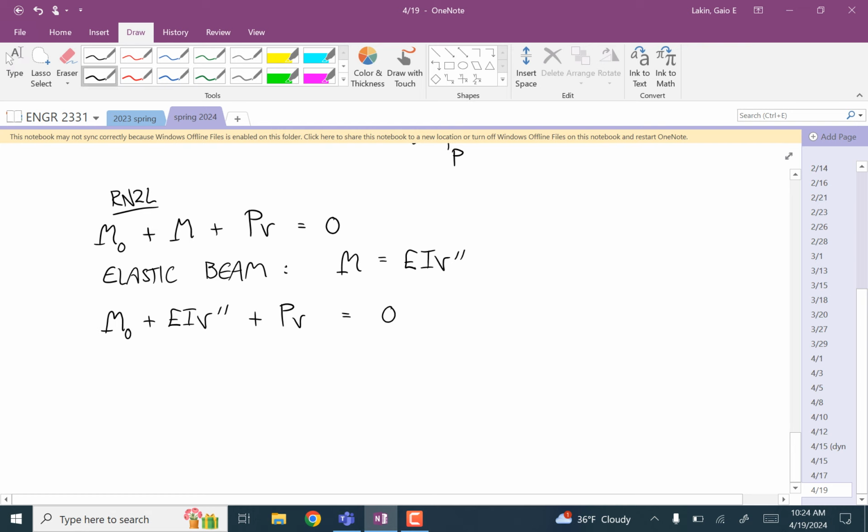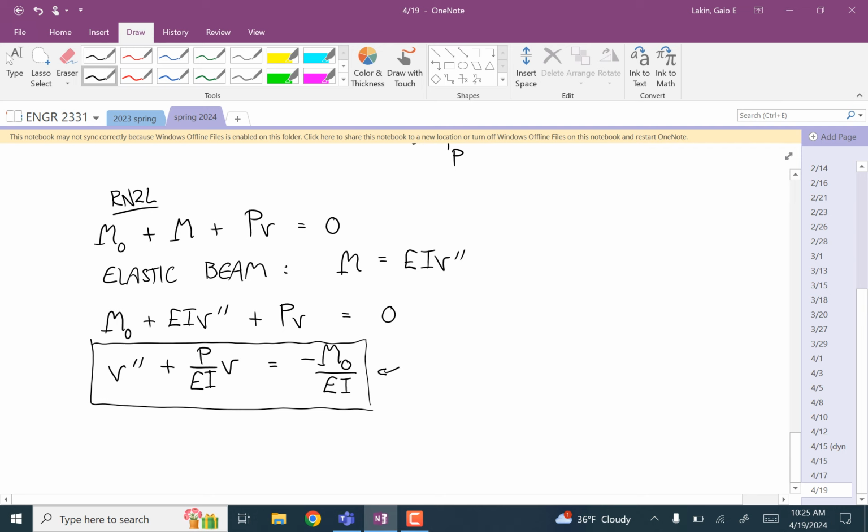And if you rearrange these, you get V double prime plus P over EI times V is equal to negative M sub 0 over EI. Okay, so that's the governing differential equation for fixed at the bottom.